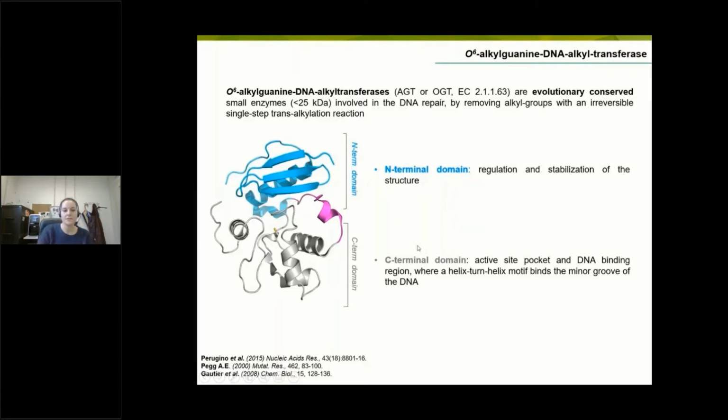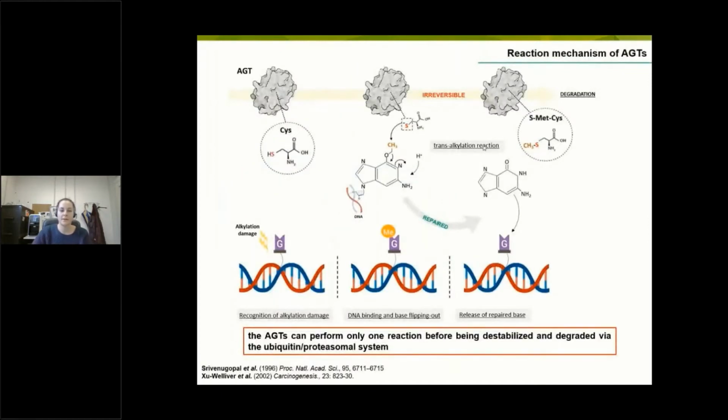But apart from the simple structure, what characterizes the AGT most is their reaction mechanism, which is schematized here in the figure.